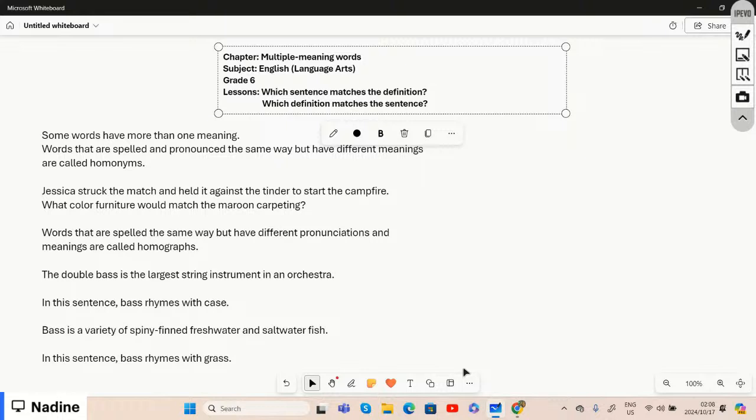If we look at an example of multiple meaning words, specifically words that are spelled the same way and pronounced the same way but have different meanings: Jessica struck the match and held it against the tinder to start the fire.